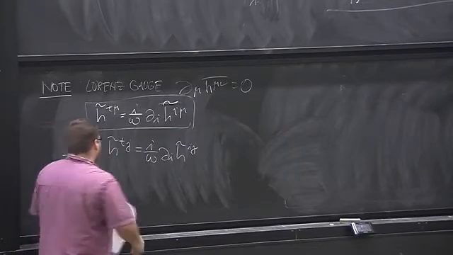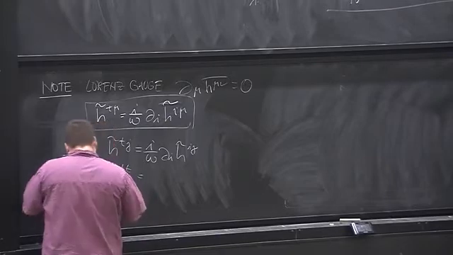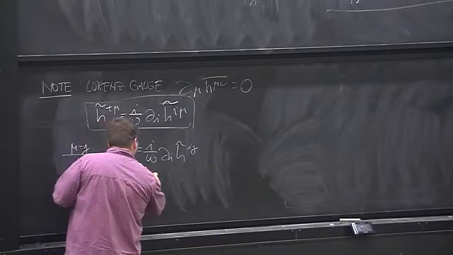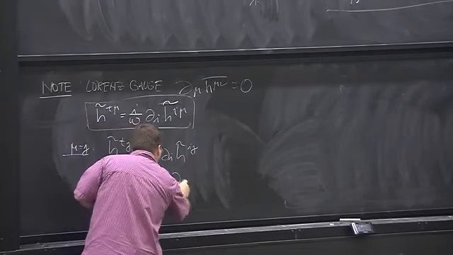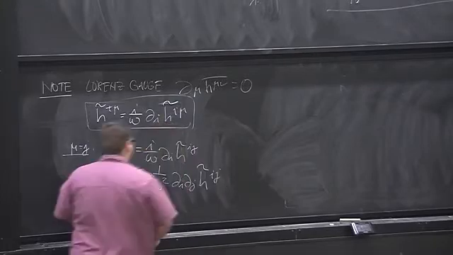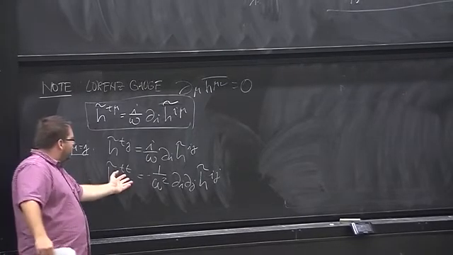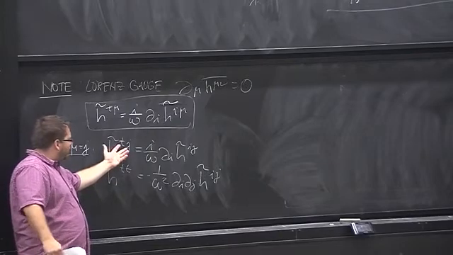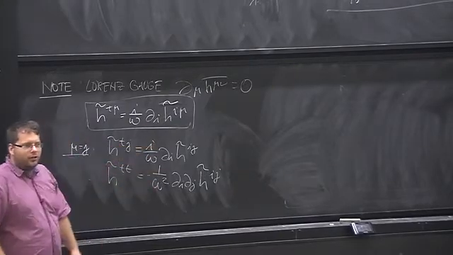Okay, and similarly, you find that h̃^{tt} is, again up to a sign, minus 1 over omega squared ∂_i ∂_j h̃^{ij}. So you see that the Lorentz gauge condition has to kill 4 components. In other words, the components h^{tt} and h^{tj}, so h^{tμ}, are given in terms of the components h^{ij}.